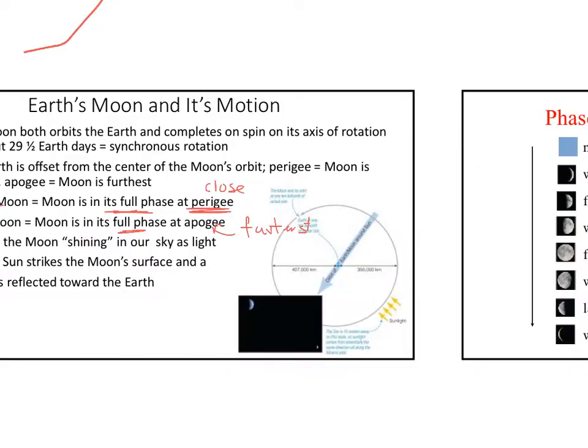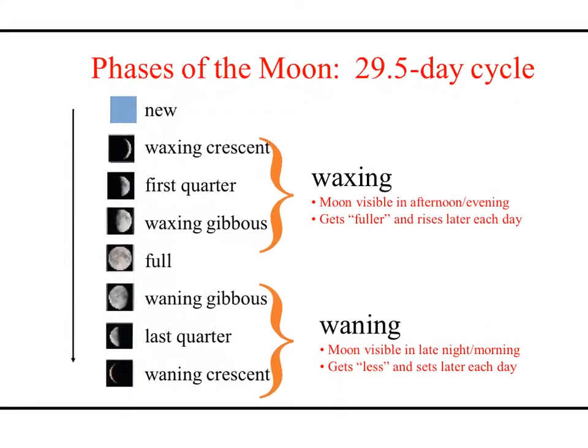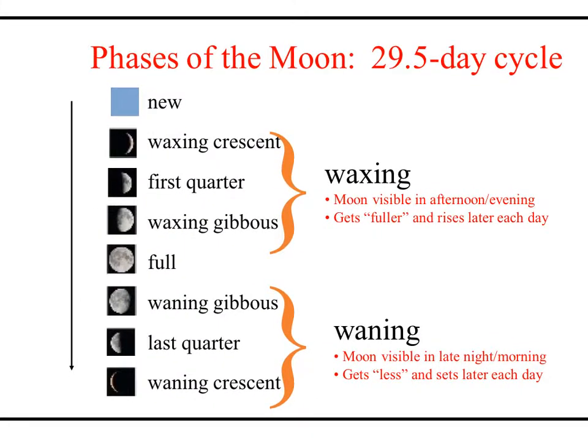Lunar phases. I've got them listed here. You're going to need to know the eight lunar phases. We talked about the major phases: new moon, first quarter, full, and last quarter, and then back to new. But we have these in-betweens, like the crescents that are less than a quarter.